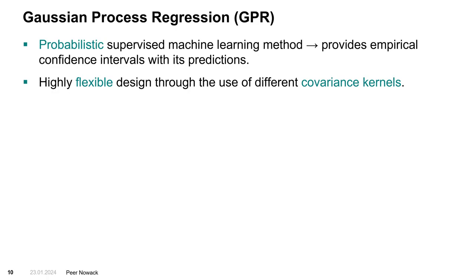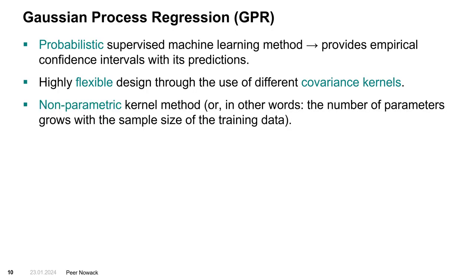And very important for GPR, for Gaussian process regression, will be the covariance. So we will talk about a few kernel designs which make it highly flexible and non-linear. We will also talk about why it's a non-parametric method, or I can basically summarize it here now.